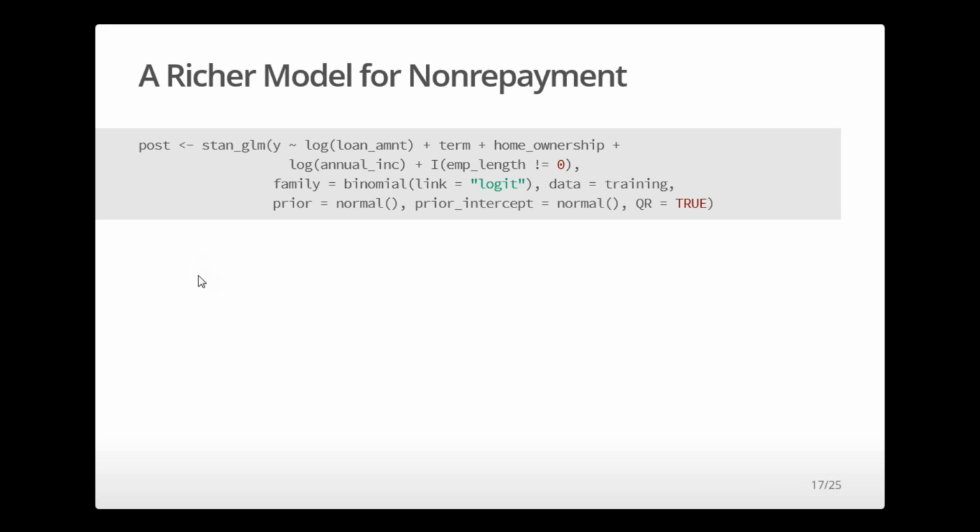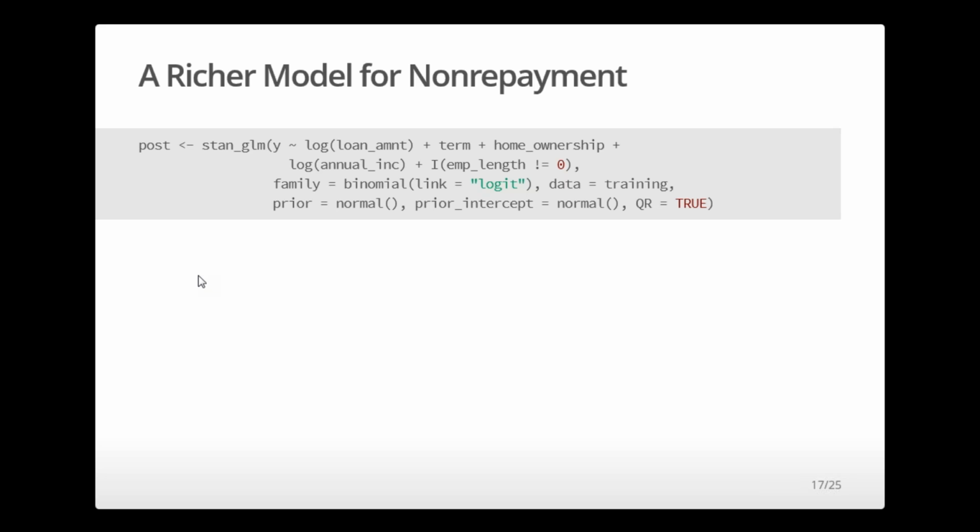I don't want to get into too much detail about that, but basically this does a reparameterization of the model, which makes it much easier and much faster for Stan to draw from the posterior distribution of the unknowns, and then behind the scenes it reverses the transformation after the fact so that you get a posterior distribution that is in the parameterization that you specify with the formula to stan_glm.